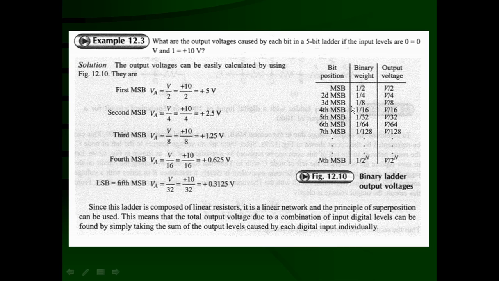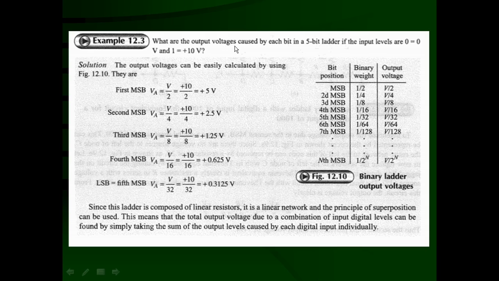Fourth MSB, binary weight is 1 upon 16, that is 1 upon 2 raised to 4, and output voltage is V by 16, and so on up to the nth MSB or LSB. Binary weight is 1 upon 2 raised to n, and the output voltage contributed by the LSB is V upon 2 raised to n. So this can be utilized for this example.